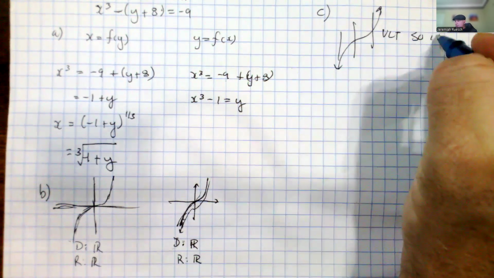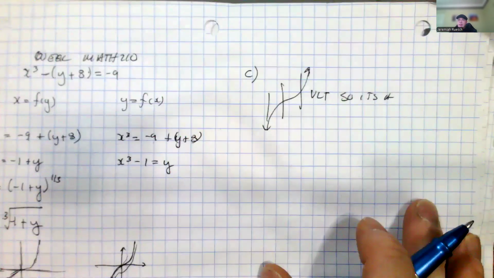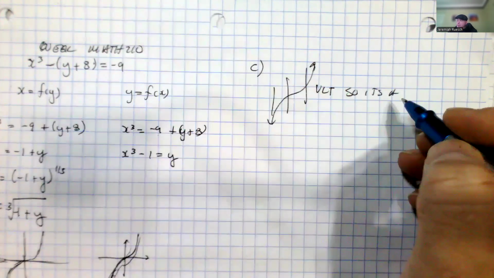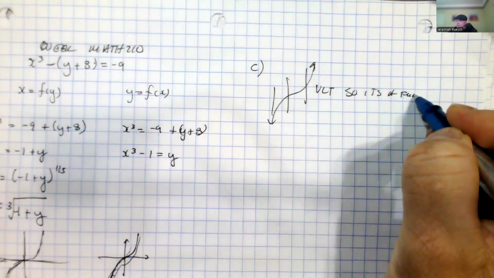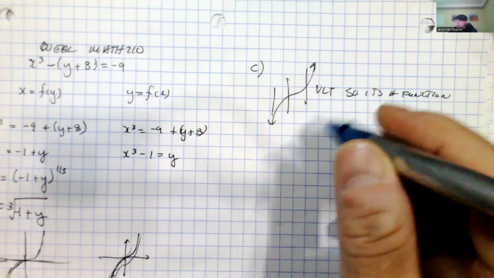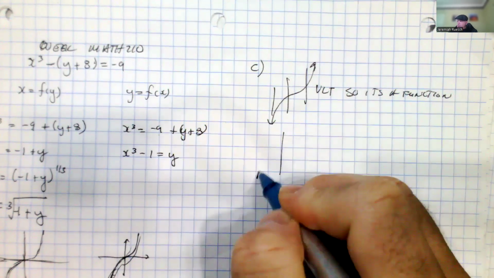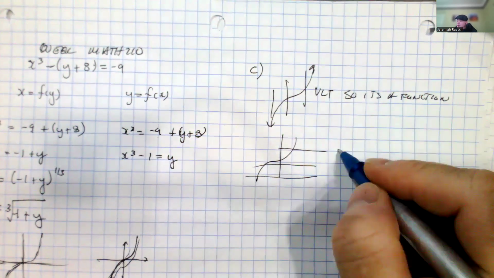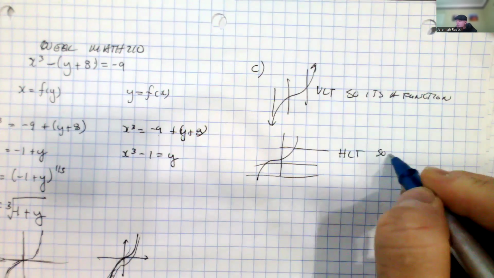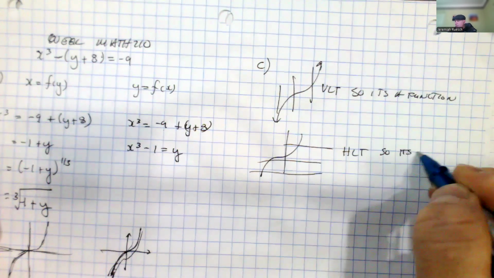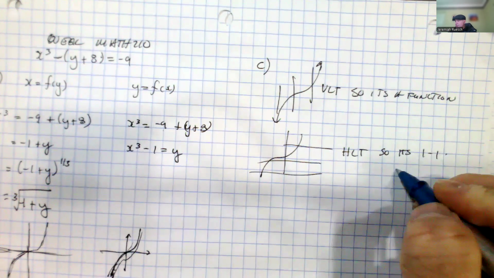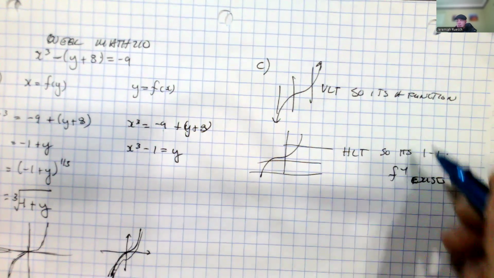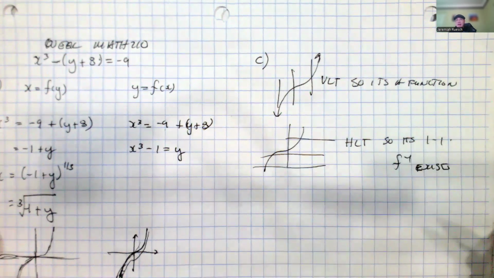So it is a function, and also, if we think about drawing a bunch of horizontal lines, it passes the horizontal line test. So it's 1-to-1, which means that it has an inverse. So f inverse exists. So we don't have to do any modifications to the domain in order to make the inverse exist here.